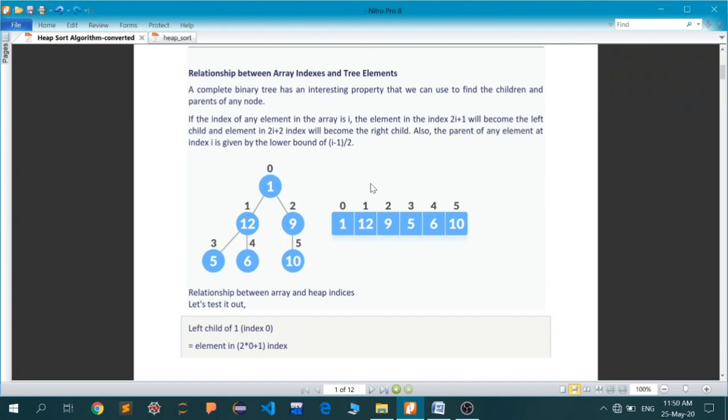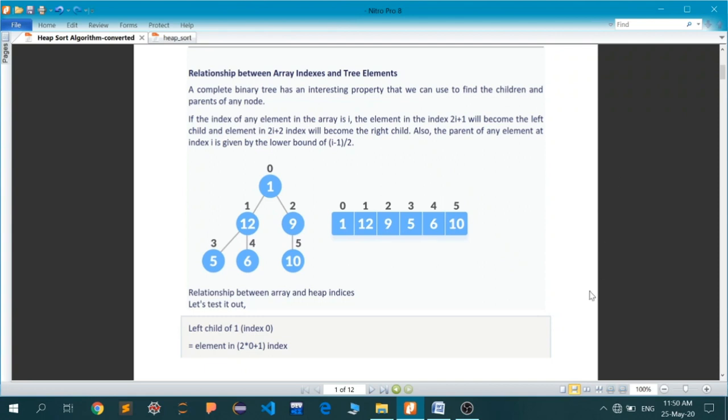So anything which comes, we first insert starting from the left-hand side. That is why 5, 6 and 10 are biased towards the left-hand side of the tree. I think you are familiar now with what a complete binary tree looks like.